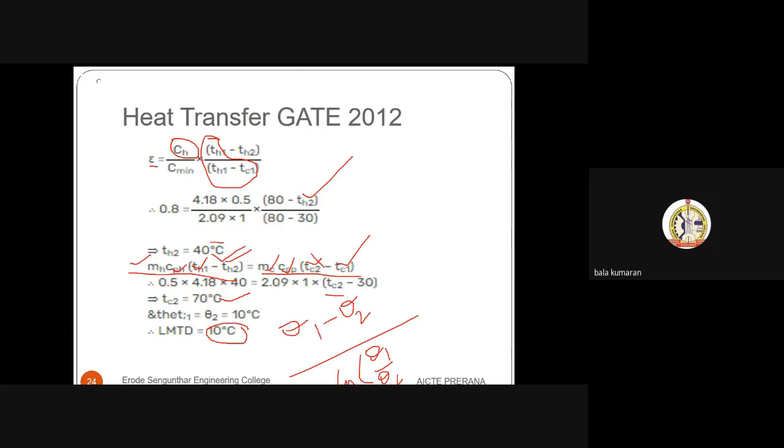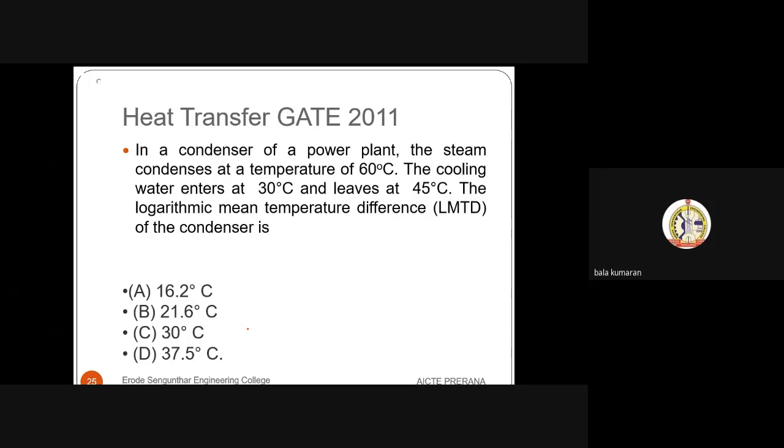Okay. Yes, this sum you can try to do yourself. In a condenser of a power plant, the steam condenser, which was asked in 2011, the steam is at a temperature of 60 degrees Celsius, and the cooling water enters at 30 degrees Celsius and leaves at 45 degrees Celsius. The logarithmic mean temperature difference of the condenser is? Here also they gave you three temperatures and asked to find the LMTD, which is del Tm.